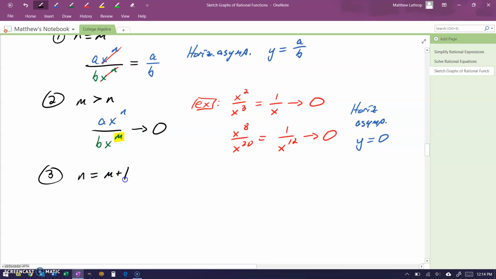If we end up with a case where n is equal to m plus 1, meaning our expression in the numerator is a times x to the m plus 1, and our expression in the denominator is b times x to the m, our variable components would reduce down, so we would get ax over b, and this would tell us what we have is an oblique asymptote with the equation y equals mx plus b that we need to determine through long division.